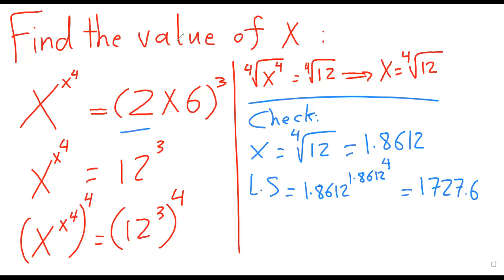Now we are going to find the right side. The right side must equal the same value. The right side equals 12 to the power of 3. You will find it on your calculator.